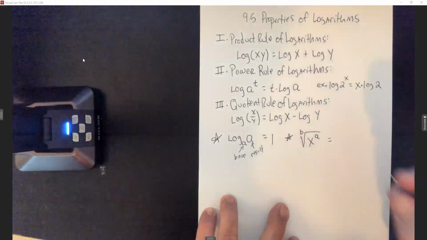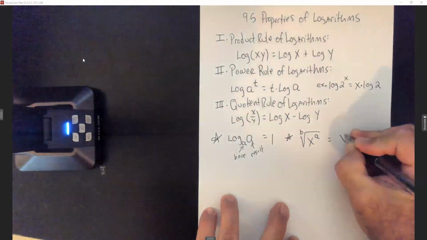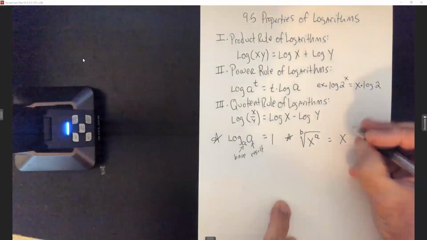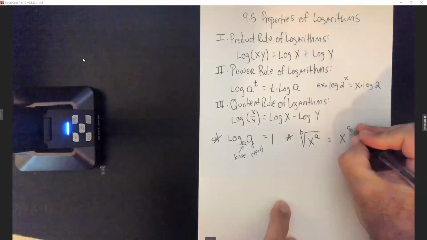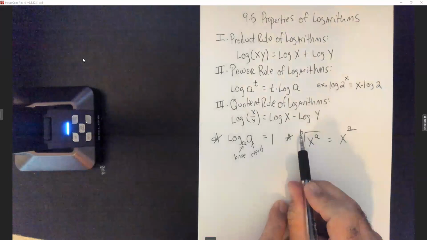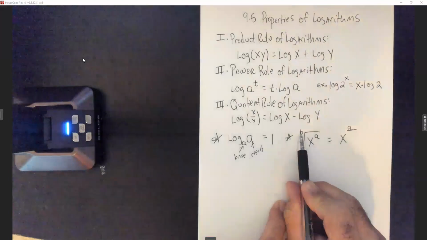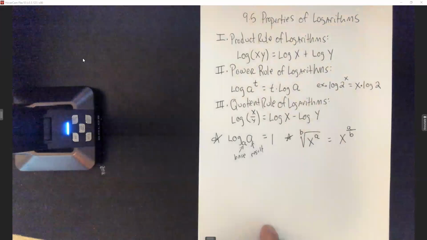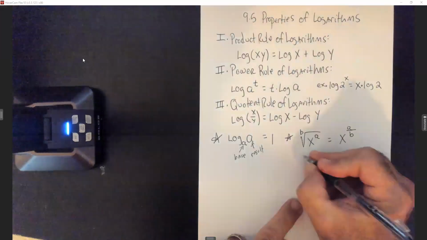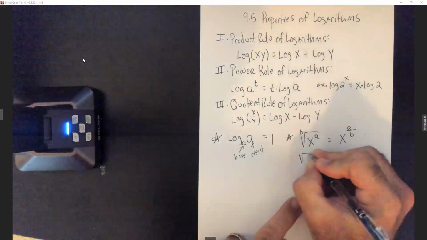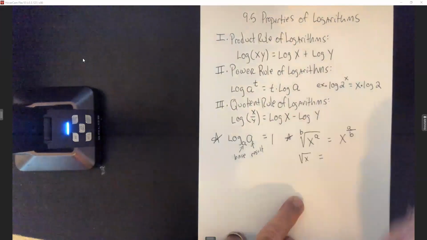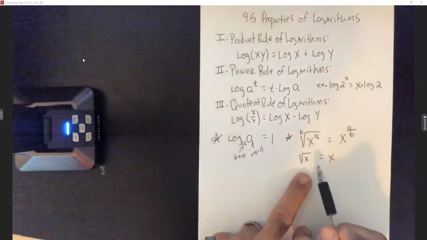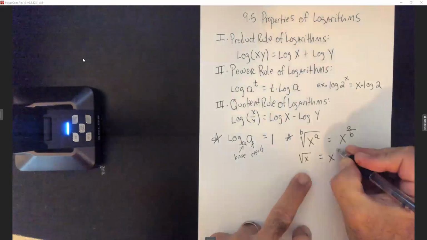So you would bring your x over. The exponent on the x is always on top of the fraction, and the index of the radical, or the root, is always on the bottom of the fraction. So if you had the square root of x, to rewrite this would be x. Y'all, there's not a number by the x, so I have to treat the top number like a 1.